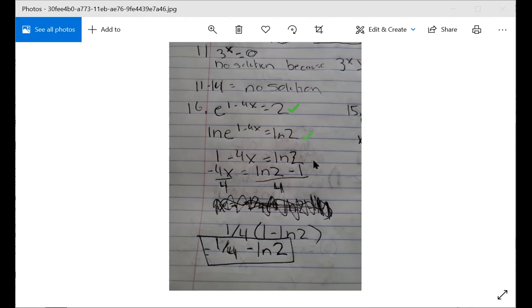Perfect. And he subtracted 1 on both sides and divided both sides by 4.